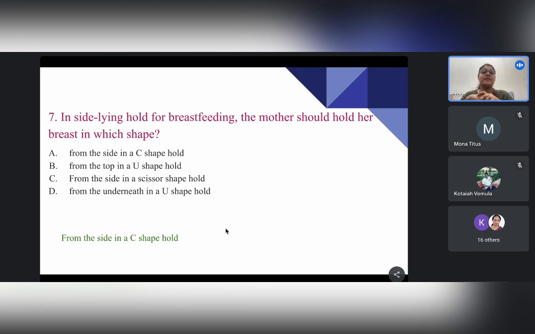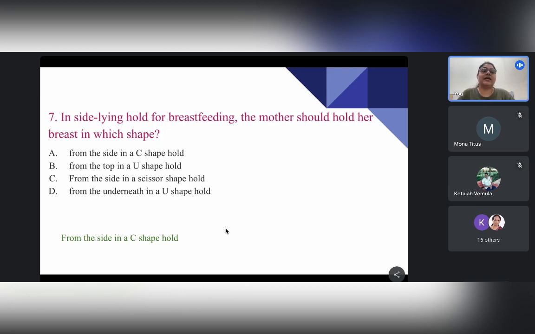Option D says from underneath in a U shaped hold. Just imagine you have the baby and the mother needs to put her hand beneath and hold it. It might also be an inconvenient way because she is lying on her side, so it will not be very helpful for her to get the proper grasp in a U shape, right?